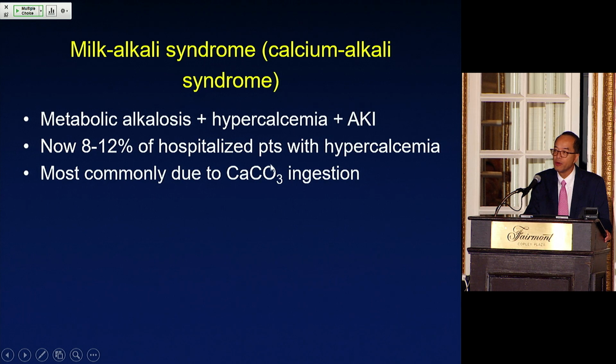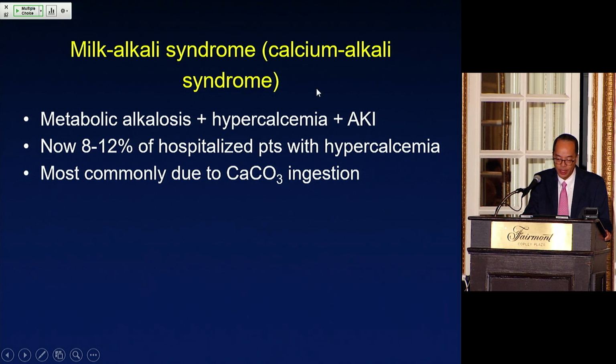Antacids obviously on their own don't generally cause alkalemia, but they can in two situations. One is in patients with significant renal insufficiency, and the second is in patients who get calcium with it and develop this condition of milk alkali syndrome, which some people now say should be called calcium alkali syndrome.